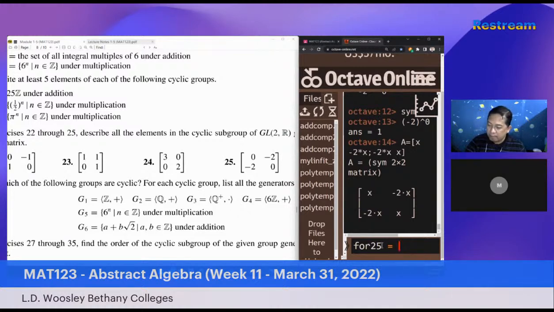For 25, we could consider the power of x, or -2 rather.